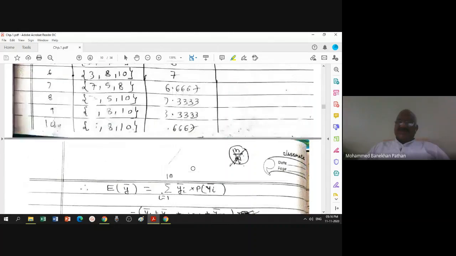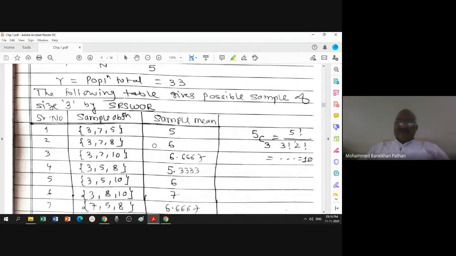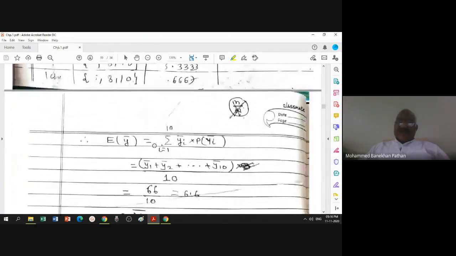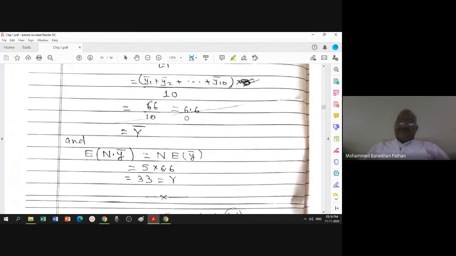So what is 6.6 here? 6.6 is capital Y bar. Therefore, this numerical example proves that the expected value of the sample mean is nothing but the population mean. Now, if I multiply capital N to the sample mean, then I will get the population total. So N is multiplied, and the expected value of y bar we got is 6.6.